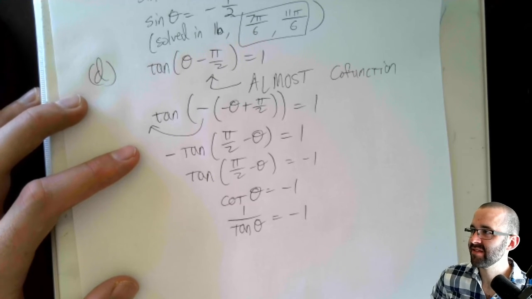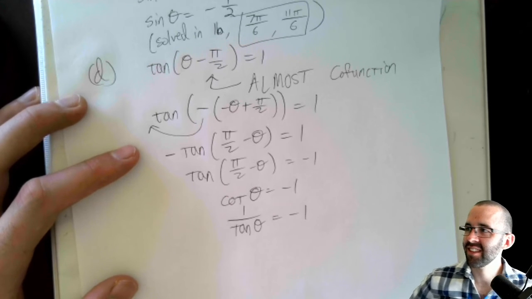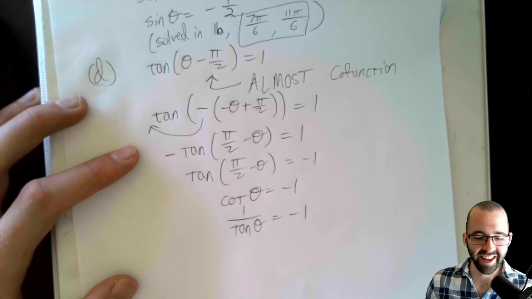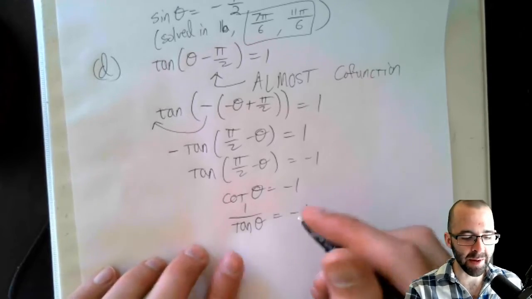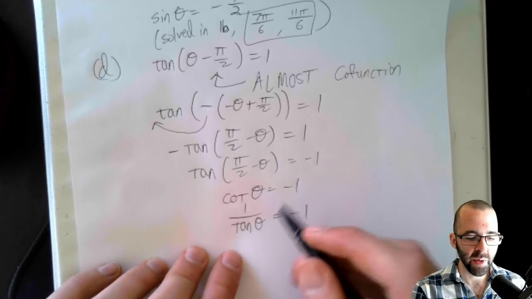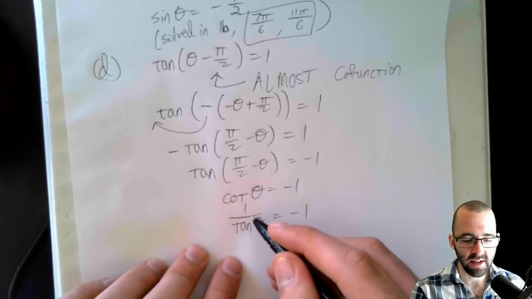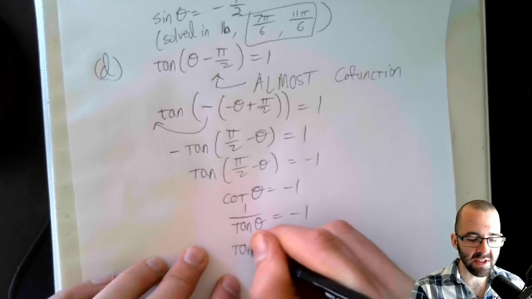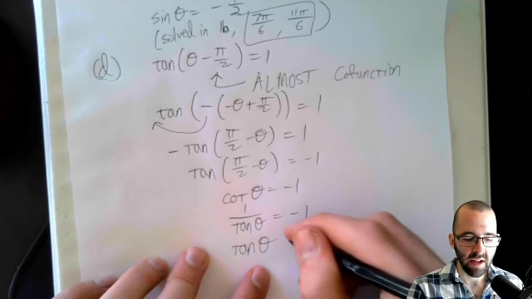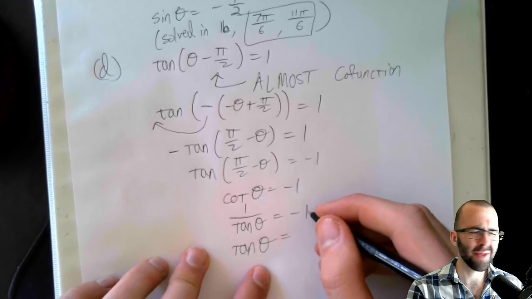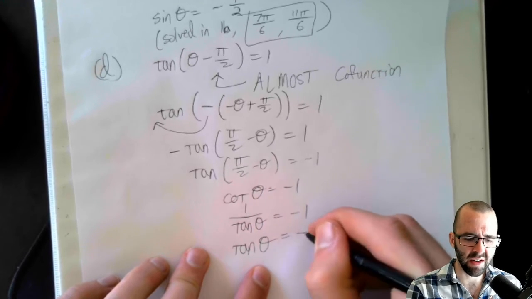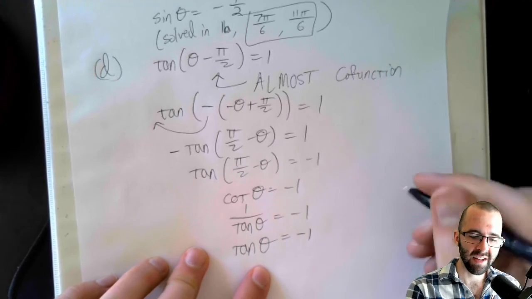And just like before, we can take the reciprocal of both sides. So the reciprocal of the left-hand side is just tangent of theta. The reciprocal of the right-hand side, well, the reciprocal of negative 1 is just negative 1.